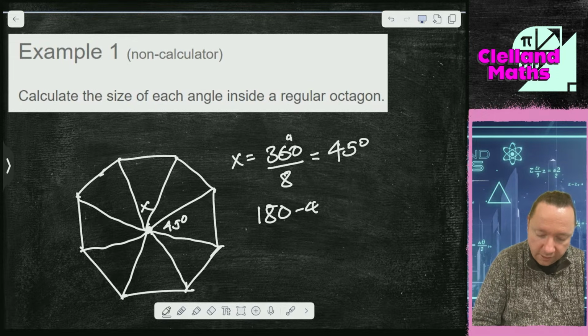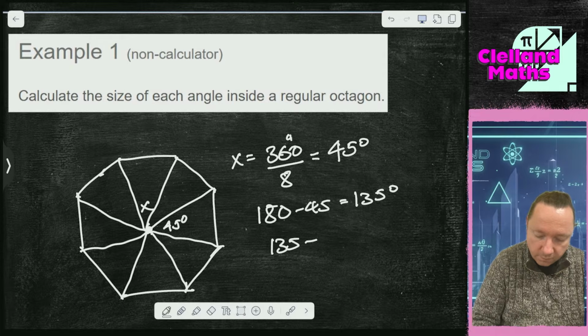180 minus 45 then is equal to 135. Divide that by 2, because there's 2 of them in each triangle. 2 sixes is 12, 2 sevens is 14, 67.5 degrees.